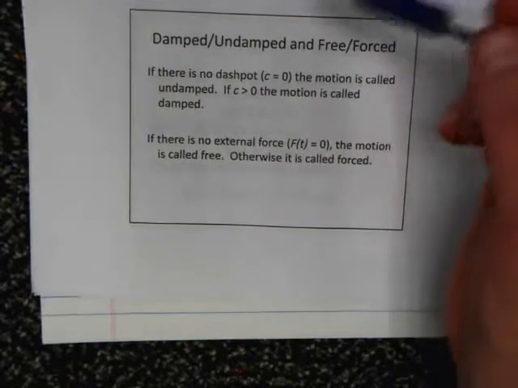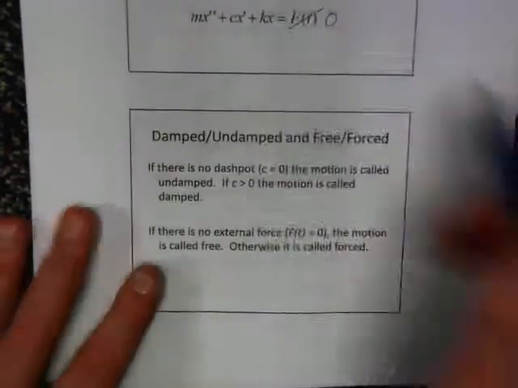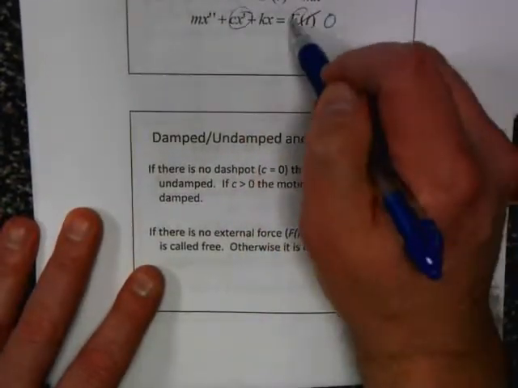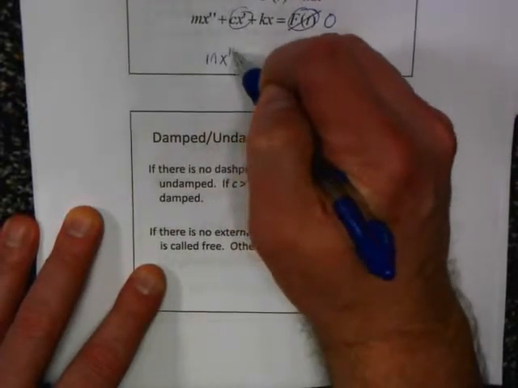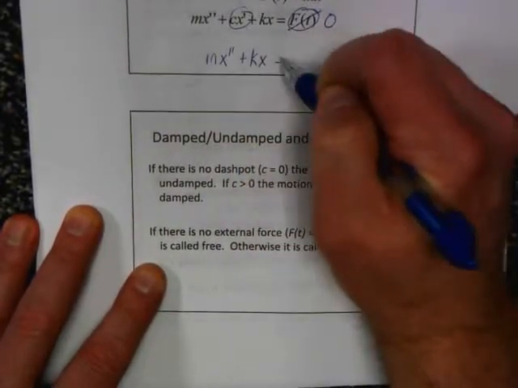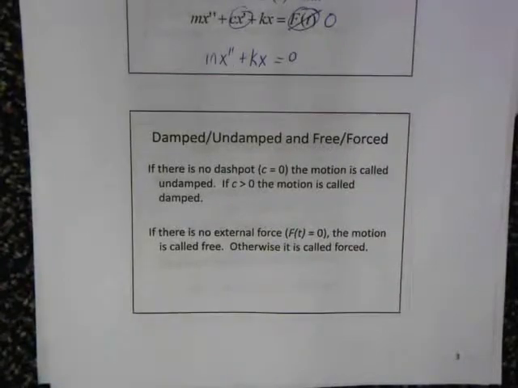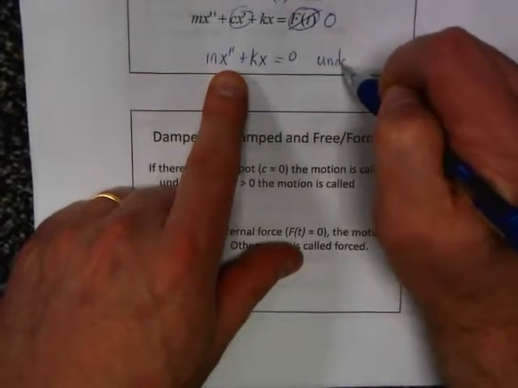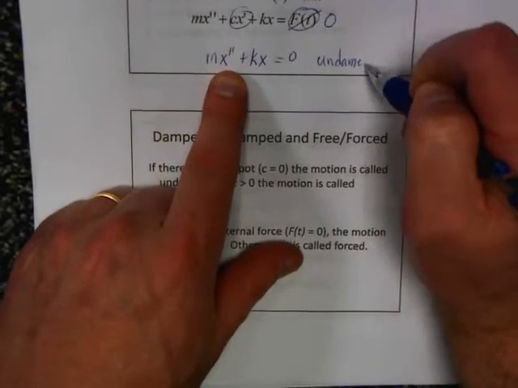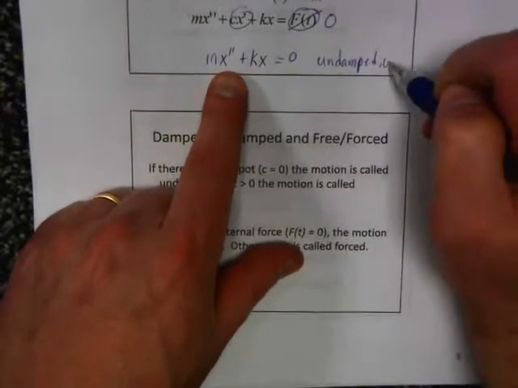Well, these two forces here, this one and this one, would sum to 0. So we would end up with mx double prime plus kx equals 0. This equation is called undamped, unforced.